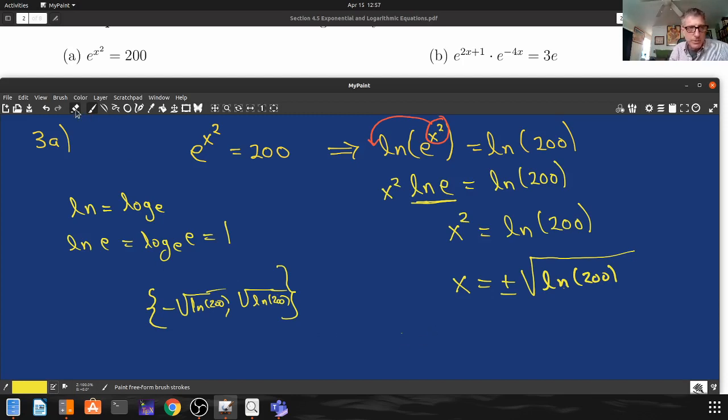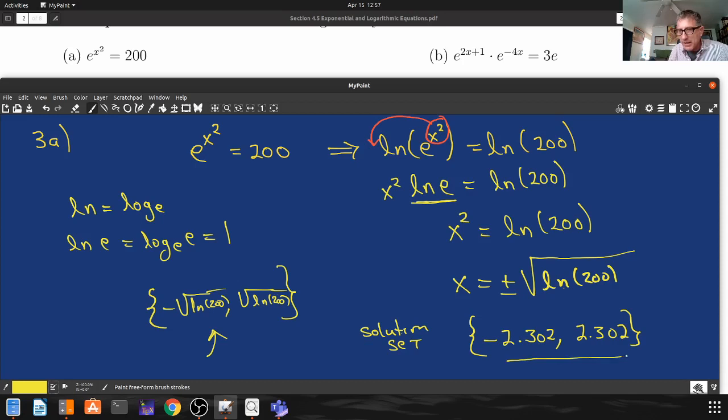The book will simply say the solution set, and the reason I'm doing this is because this is going to be minus 2.302 or plus 2.302, and this really is not true. This is the solution set of approximate values. This is the real solution set right there. But in my math lab, I have a feeling this is what they want you to enter, is that right there.